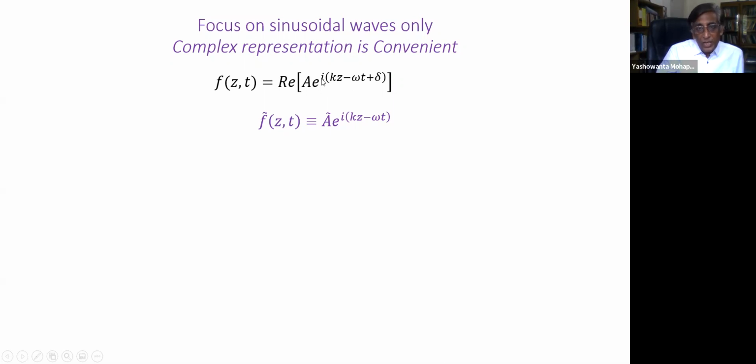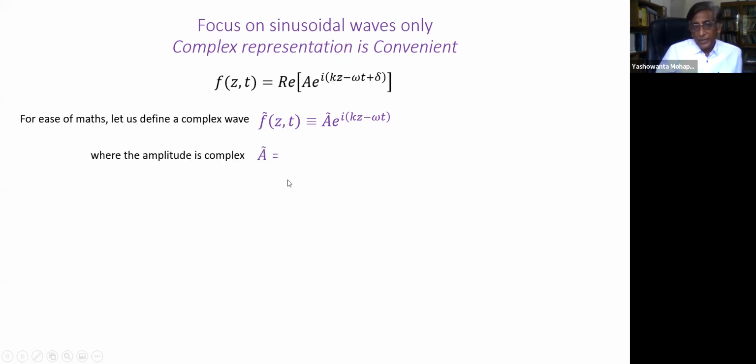Now the amplitude A e^(i delta) has delta absorbed as a part of the amplitude, and that is why it's a complex number. This is the definition of a complex wave. It's very convenient for ease of doing the maths with these waves. The amplitude is A e^(i delta), or A cos delta plus i A sin delta, so there is an imaginary part.